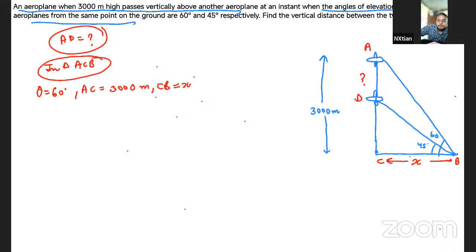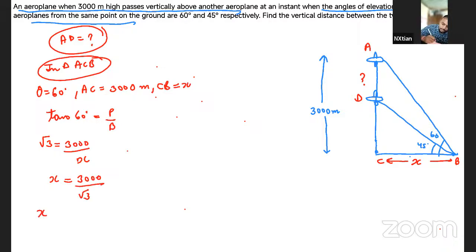Because only perpendicular and base are needed, I'm using tan 60 degrees, which is equal to perpendicular upon base. Tan 60 degrees is root 3. Perpendicular is 3000, upon base, which I don't know, I'm putting as X. So X is going to be 3000 upon root 3. I will do rationalization, of course.